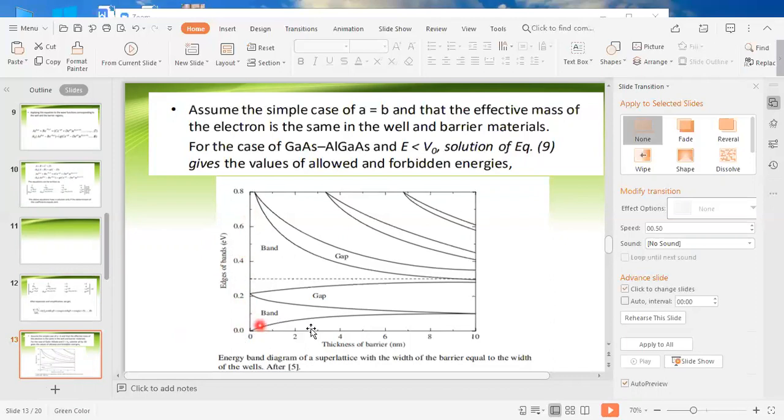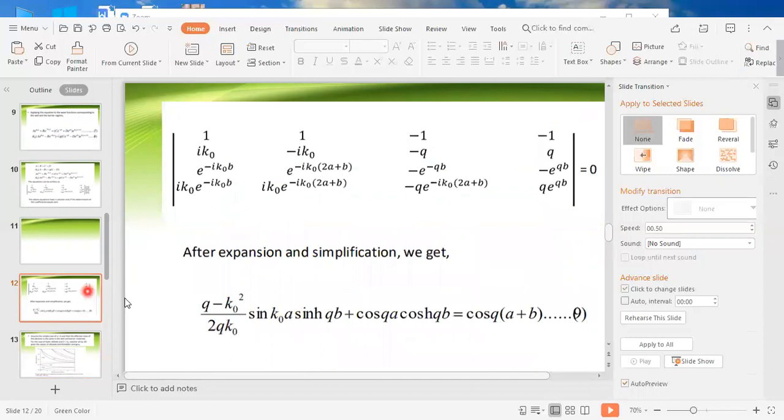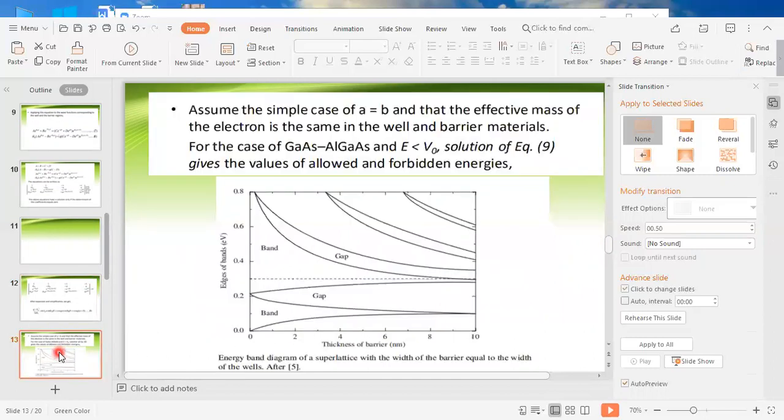By simplification and by doing some particular calculations on equation number 9, keeping in mind that a equals b and using all these conditions, we get an energy band diagram like this.